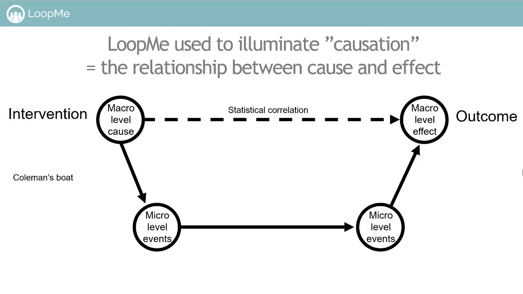So what LoopMe does is to show the relationship between some cause and some effect. And that means that instead of looking at a macro level, where we maybe have statistical correlation between some kind of an intervention and an outcome, we go down here to look at the micro level, where specific events lead to specific other events, which in turn lead to macro level effects.